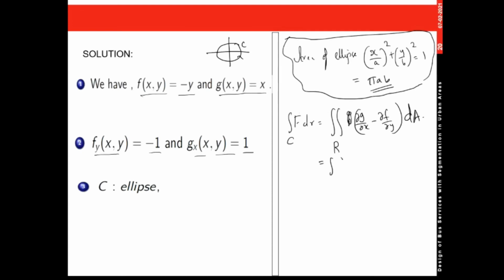So this is the integral over R, where R is this elliptical region, of 1 minus minus 1, which is actually equal to 2 times dA.